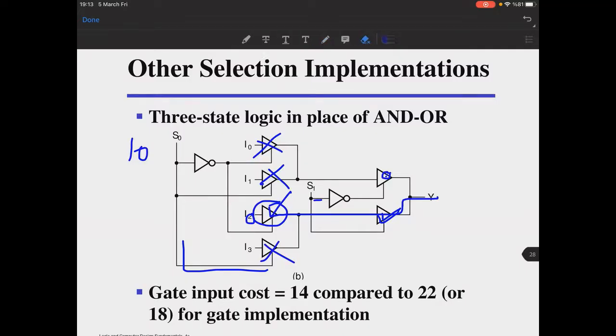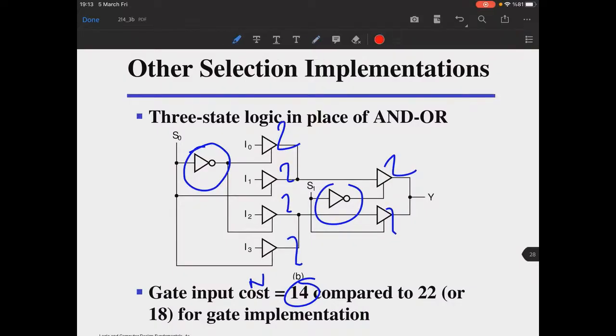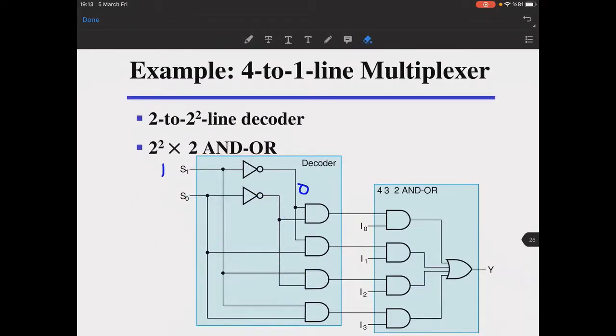Now, what is the cost of this type of three-state logic multiplexer? Let's count them. 2, 2, 2, 2, 2, 2, so 12, and you have 1, 2 here, so it corresponds to a gate input cost with nuts of 14. And what about your other implementation here? Just count the cost and see which one is more efficient.